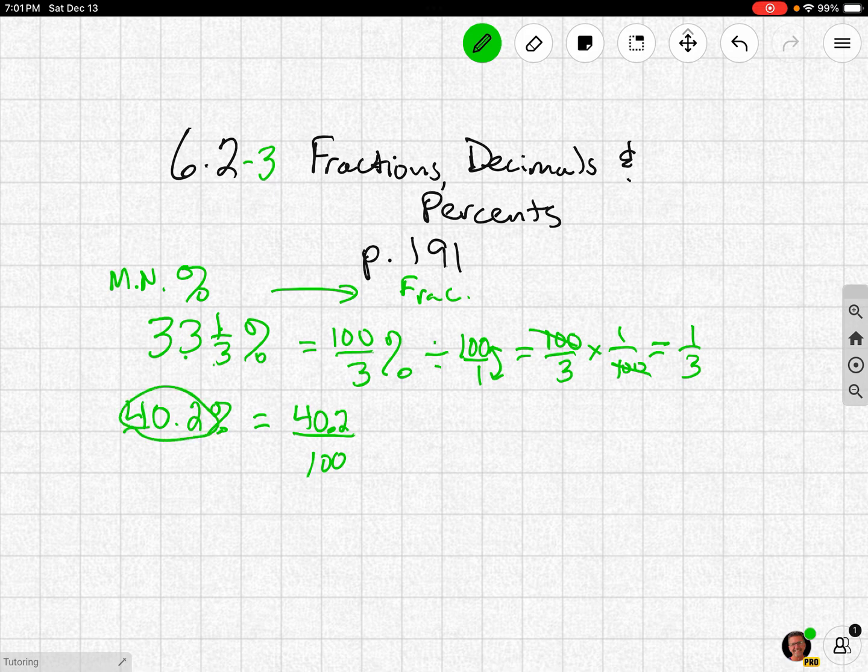I can multiply this by 10 and this by 10 to get rid of that decimal point. So I have 402 out of 1,000. Now, should I leave it like that? That's basically the answer, but I can simplify this. I can divide both of these numbers by 2 and get 201 out of 500.